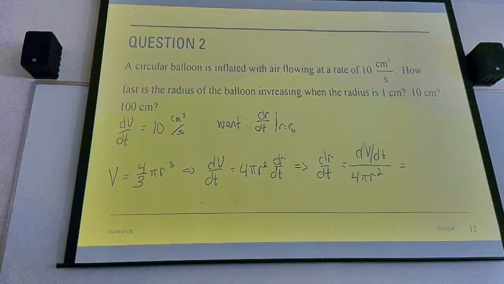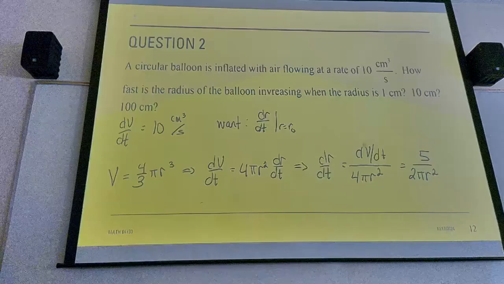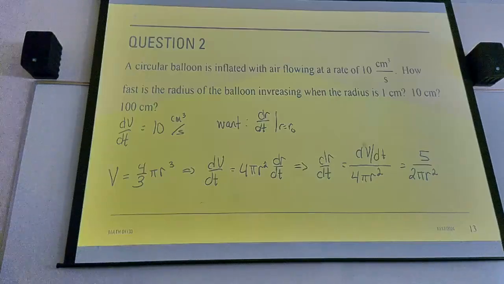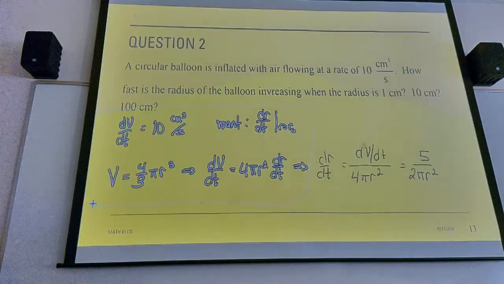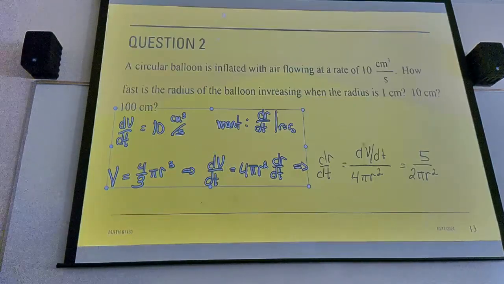It's a constant 10, right? So it's 10 over 4, which is 5 over 2. So dr/dt is 5 over 2 pi r squared. dV/dt is just 10. Oh, okay, I see how that got down.